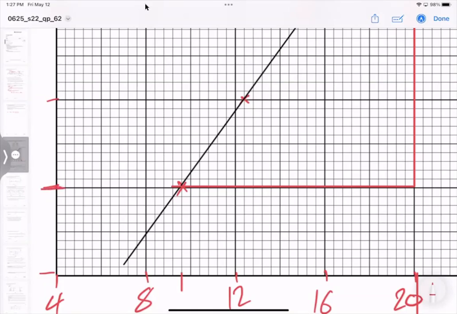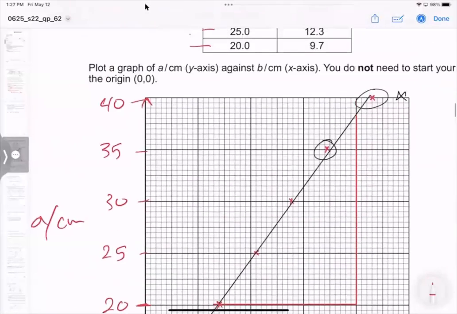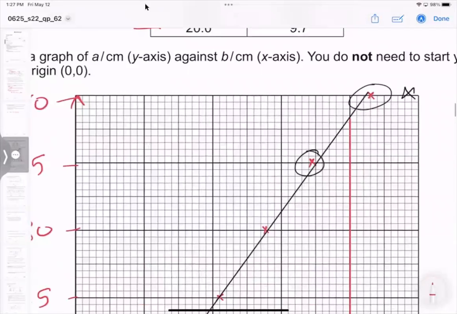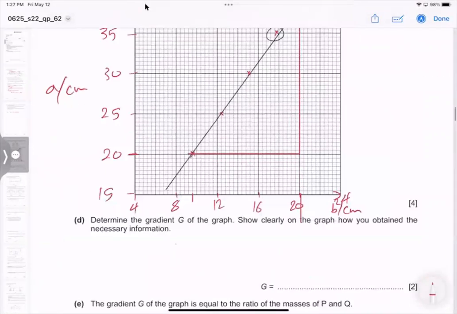Okay, so we are going to count. Here is 20. And what is the second point here? We have 8 and 4 divisions. 4 is like 1.6. 1.6 with 8, 9.6. So here, 9.6. So the gradient will be the difference in y-axis.